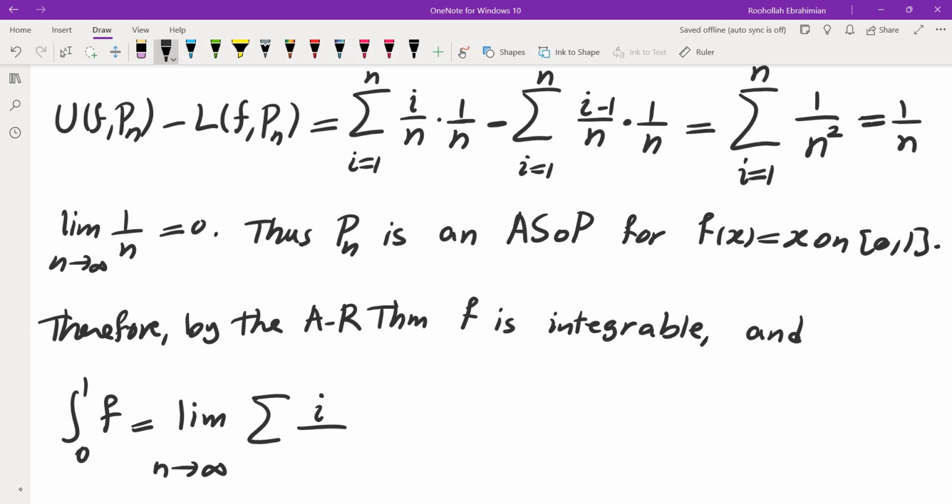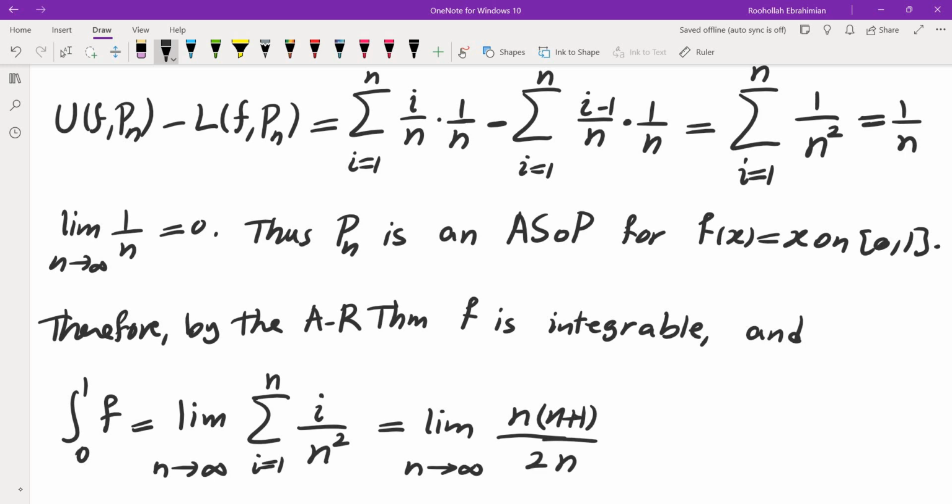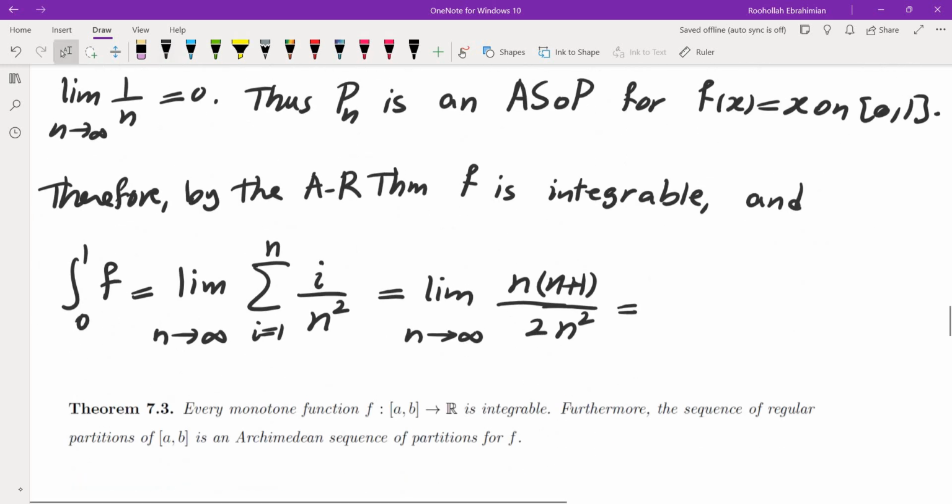So it's the sum of i over n squared, i equals 1 to n, which is equal to the limit as n approaches infinity. Now, the sum of i is something we have done before. So that's n times n plus 1 over 2. And then we have to evaluate this limit.